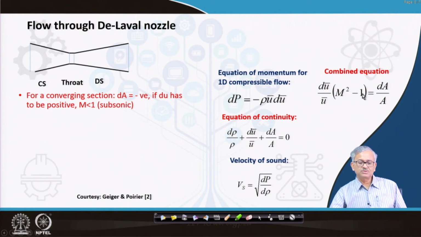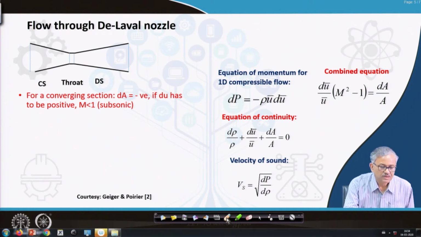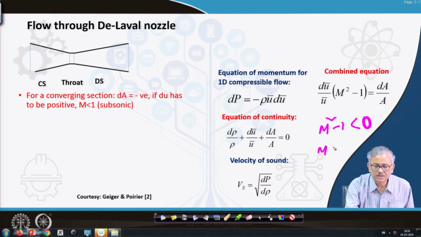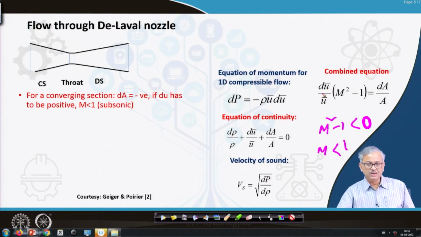So M squared minus 1, if it is negative, then M squared should be less than 1, so M should be less than 1. So since dA is negative and you want the gas to accelerate, that is du should be positive, your M has to be less than 1.